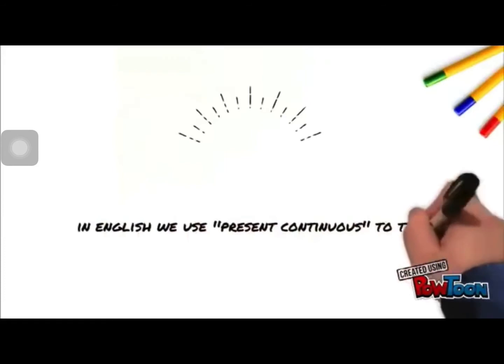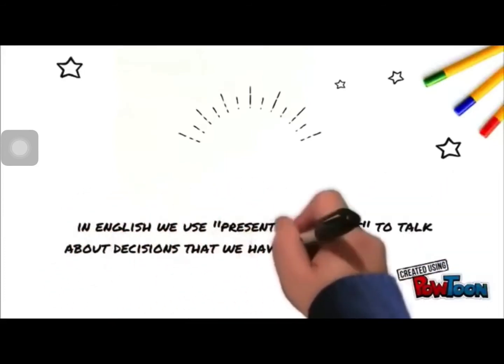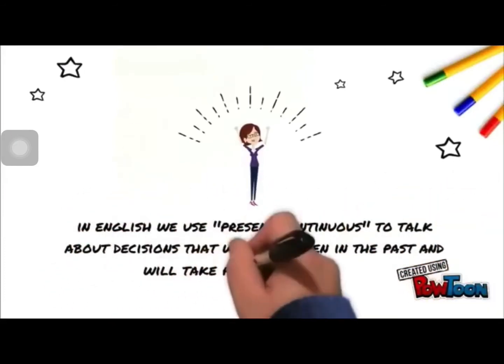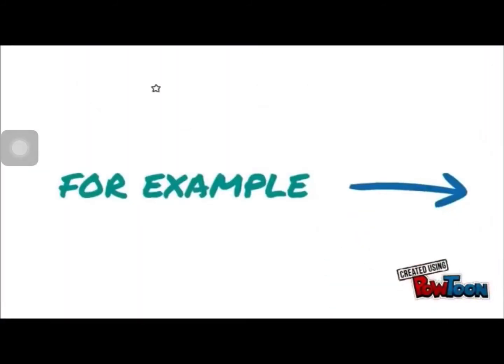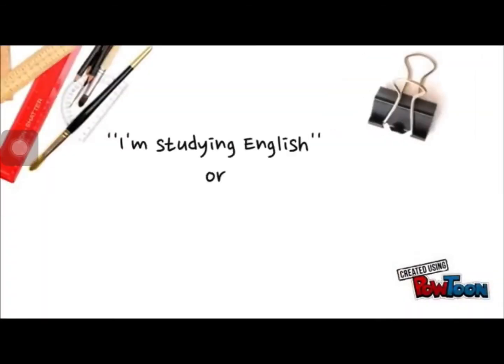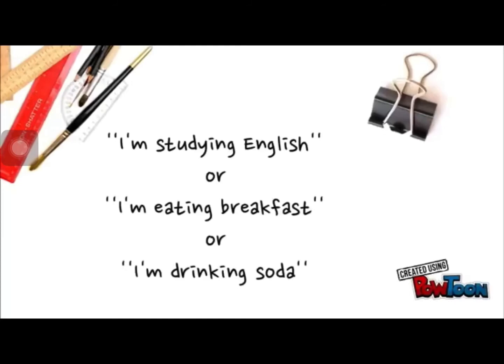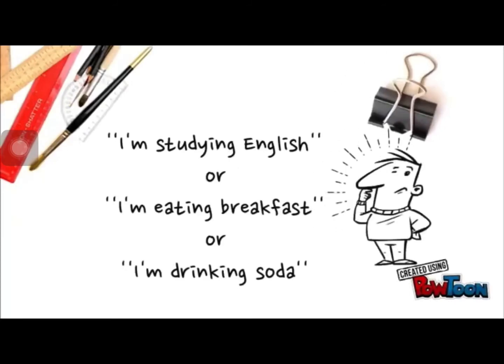In English, we use present continuous to talk about decisions that we have taken in the past and will take place in the future. For example, I'm studying English, or I'm eating breakfast, or I'm drinking soda.